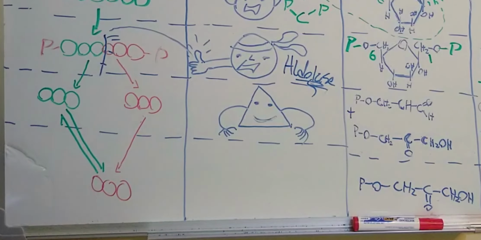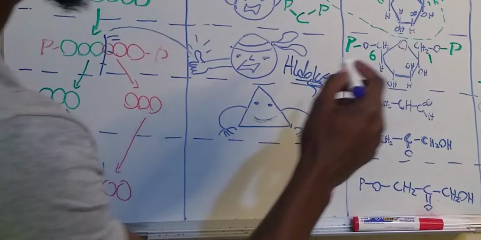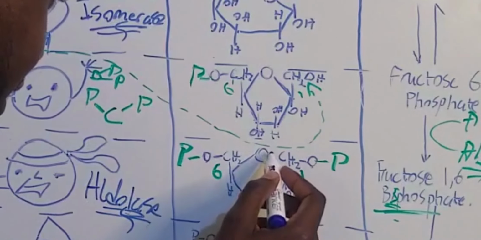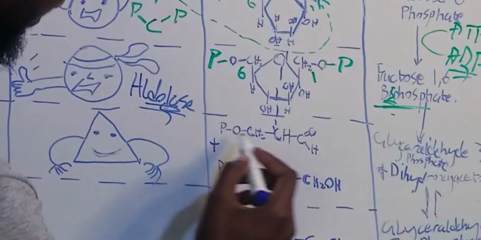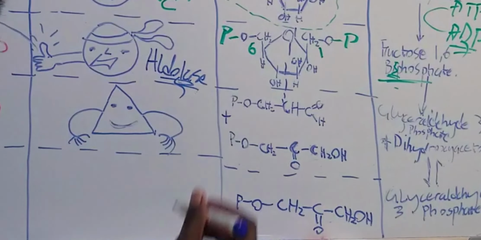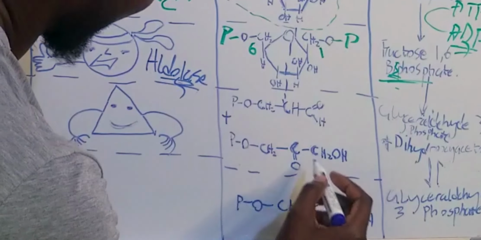So when we're looking at it in this manner, this guy will split it just up until this point, so down right here, into these two molecules, the glyceraldehyde 3-phosphate and the dihydroxyacetone phosphate.